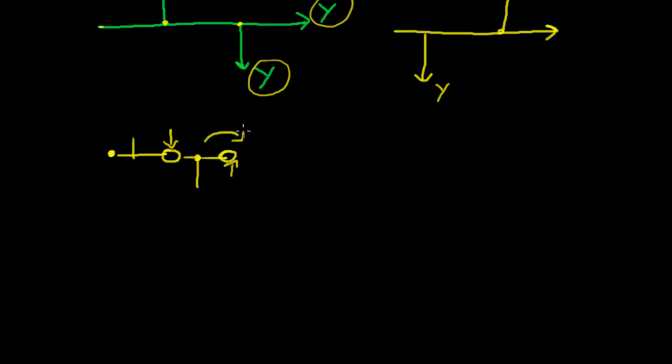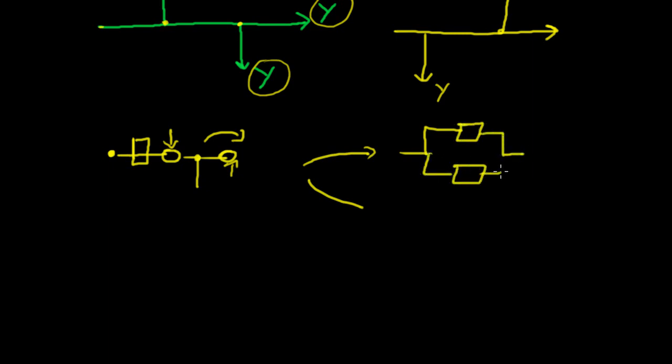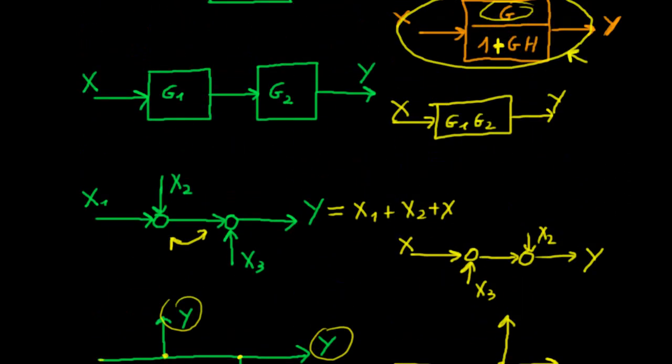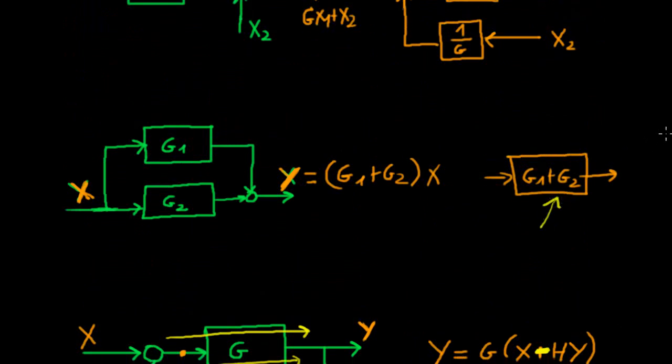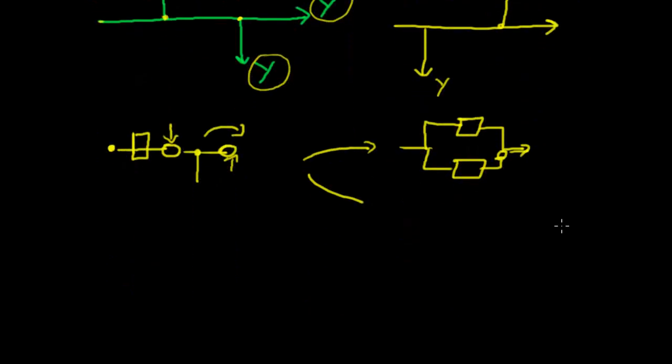So you start switching them, and if you have blocks between them, you try to rearrange things so that you end up either with parallel blocks that you can replace by this, or you end up with a feedback loop.